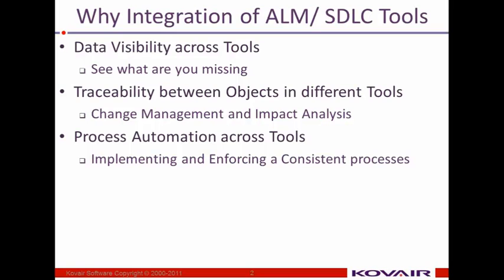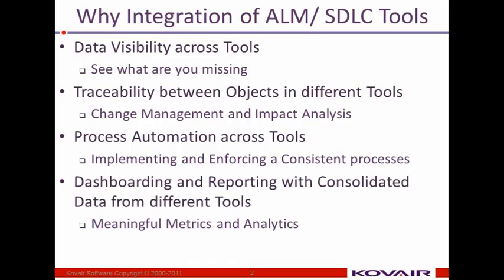And then finally, you should be able to do reporting and dashboards by getting data from different sources with different tools. Now, when I say different data, it is not just the list of items coming from different tools, but based on the traceability relations, which we have already talked about, between the different objects in different tools, you should be able to get metrics which are not possible with just one single tool.